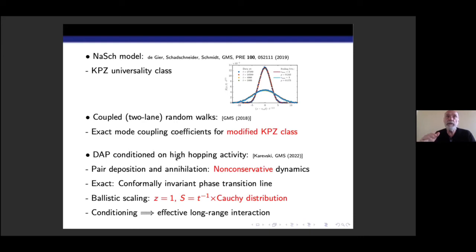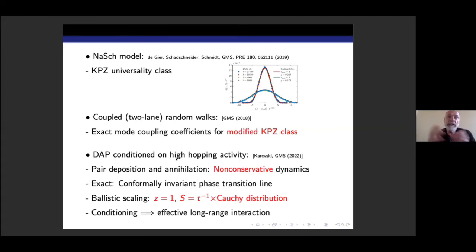However, if you condition the process on having a very high hopping activity, an unusually high one, then there is a phase transition line where you detect conformal invariance. This is known from a mapping to spin systems. And so you have a ballistic scaling with dynamic exponent 1, which is also a ratio of neighboring Fibonacci numbers, the first 2, 1/1 is 1. And the structure function is 1/t times the Cauchy distribution. So yet another scaling function, and the 1/t comes from the fact that we're not conservative.